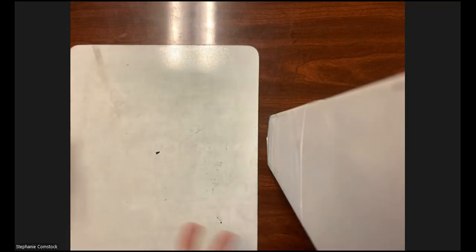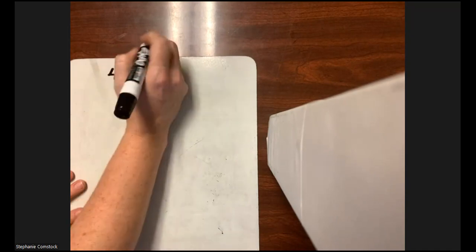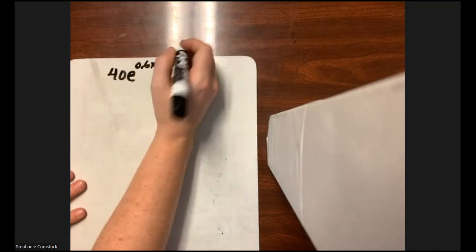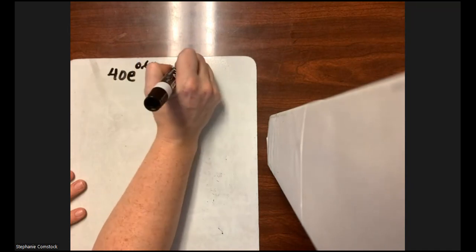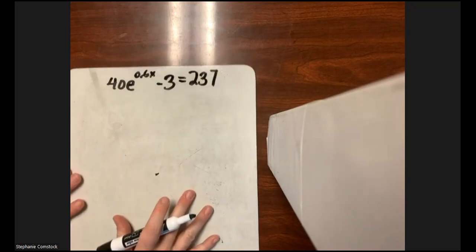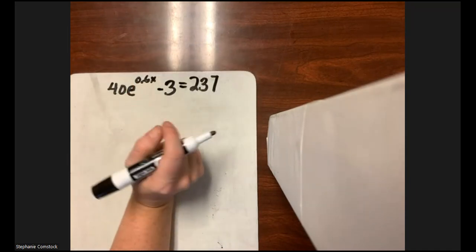Okay, and it's not that we haven't been solving exponential equations. What I mean here is you may have to do a little bit of work before you actually get to the point where you can take the log on both sides. Okay, so I notice here I've got e and it's to the 0.6x.